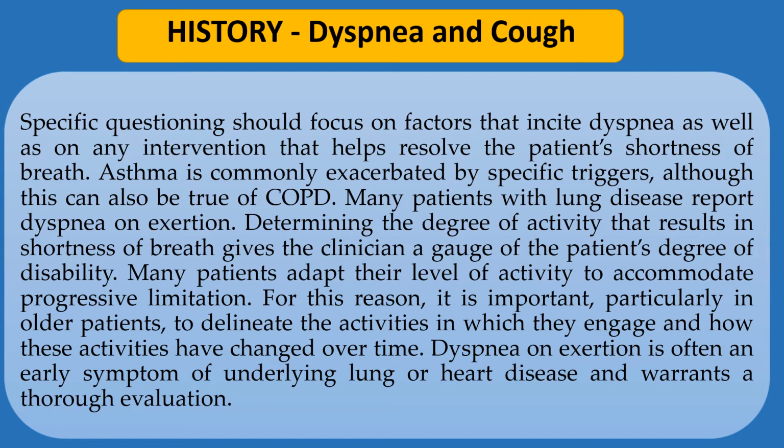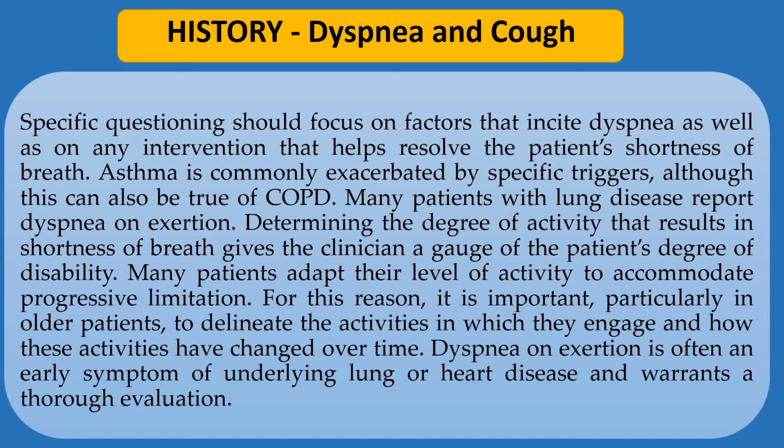Specific questioning should focus on factors that incite dyspnea as well as on any intervention that helps resolve the patient's shortness of breath. Asthma is commonly exacerbated by specific triggers. Although this can also be true of COPD, many patients with lung disease report dyspnea on exertion. Determining the degree of activity that results in shortness of breath gives the clinician a gauge of the patient's degree of disability.